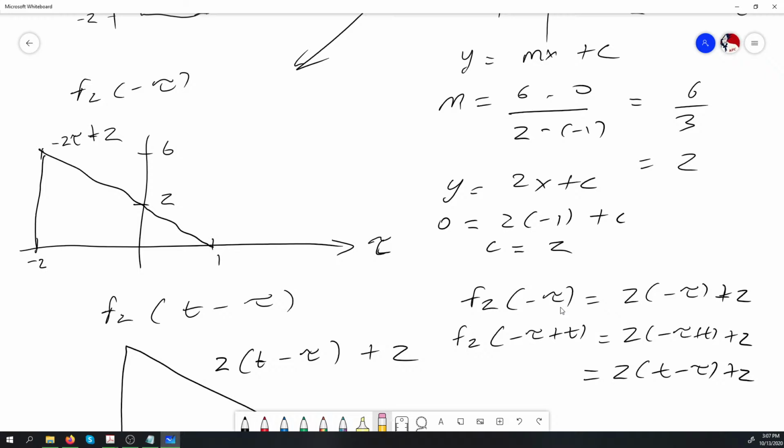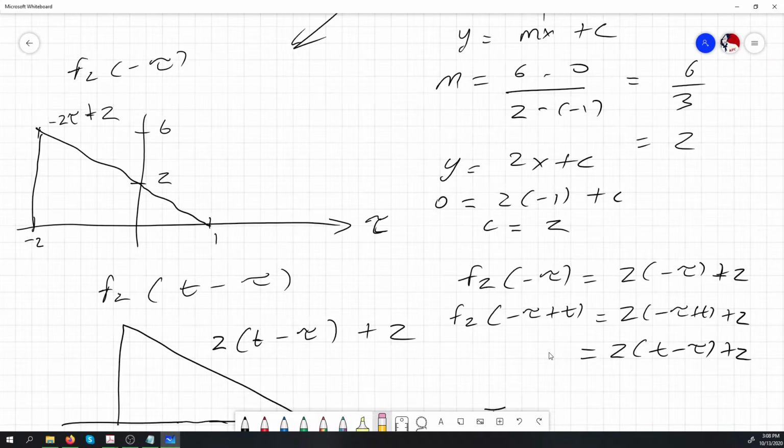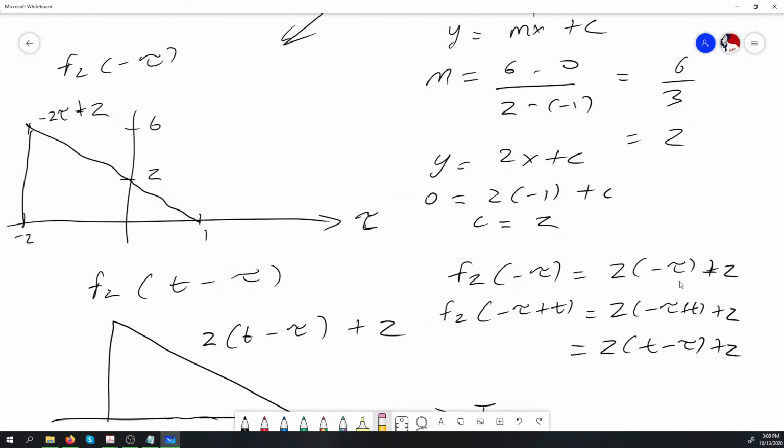Because we have f of 2 minus tau here, and we convert this to f of 2 minus tau plus t, which is basically t minus tau, just in the reverse fashion, this now becomes such that we just add t here accordingly in the brackets. So because of minus tau here, this becomes minus tau plus t. So we have 2 here of minus tau plus t in the brackets, plus 2.